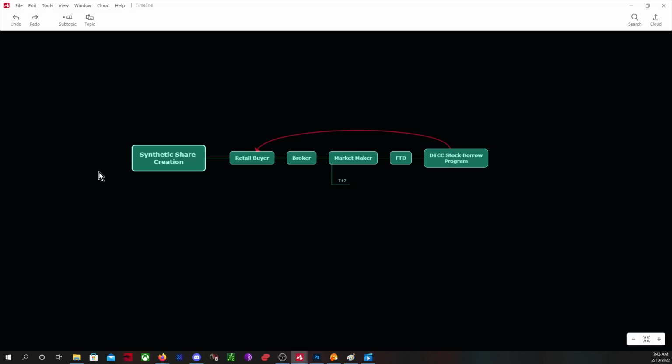The other one is that it prevents price discovery, because the way markets should work is that you go in as a buyer, you want to buy a stock. If there's no stock available, or if there's nobody willing to sell you a share at a given price, then you have to bid higher, and thus forcing the price higher. The market maker, the way this works is he can just come in.